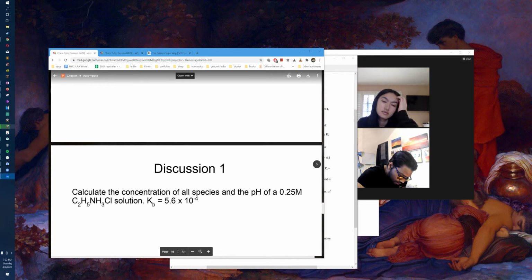What I'm going to do is find the pOH, and then subtract it from 14 to find the pH. pOH would be 3 minus log 6.9, which would come out to 2.16.